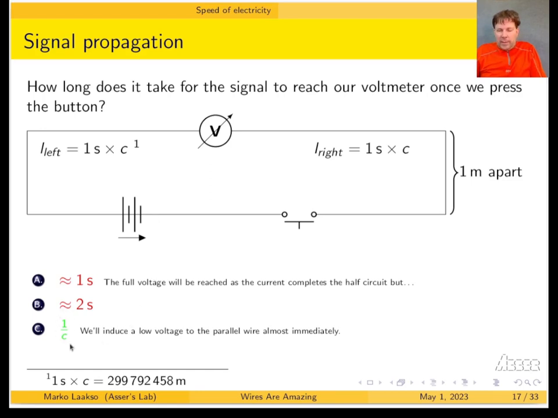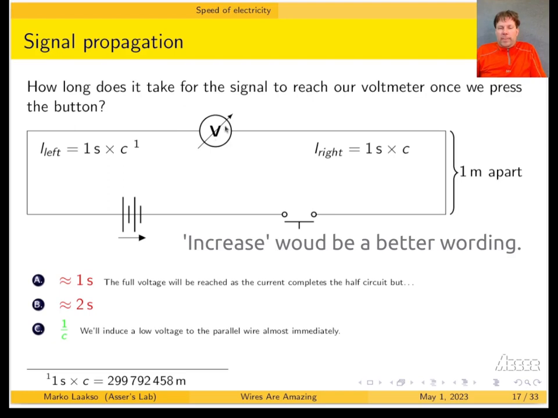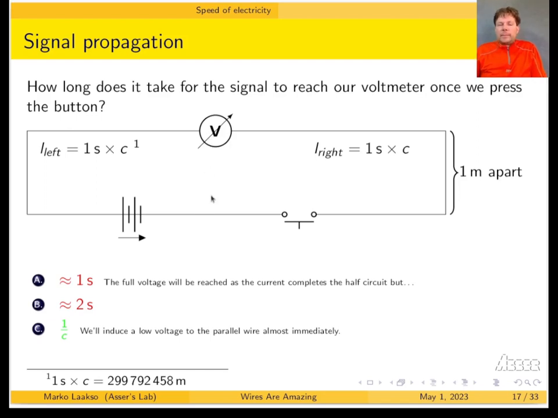But interestingly, you will see a tiny decrease in voltage already after 1 divided by c time here, because this will behave like an antenna.